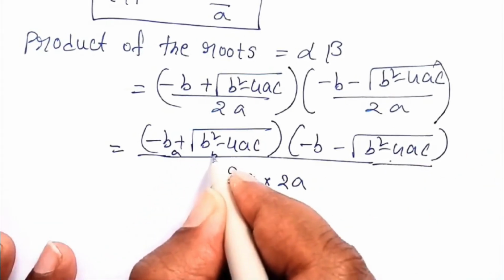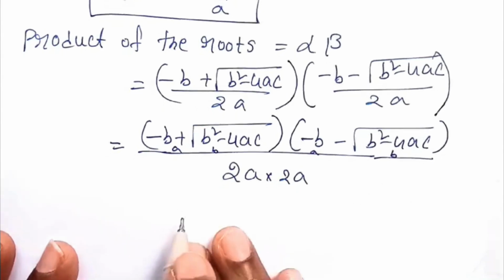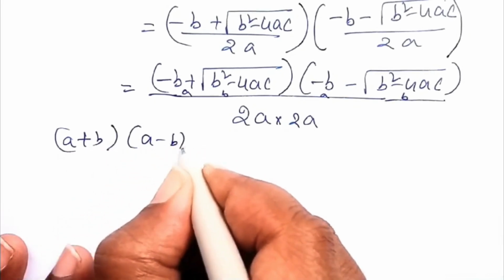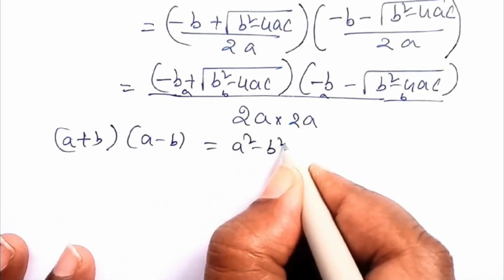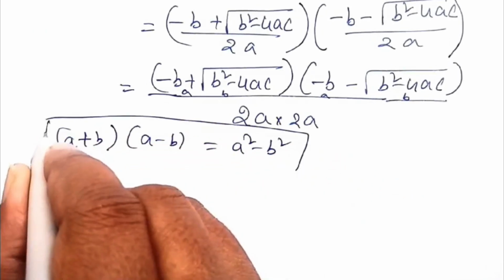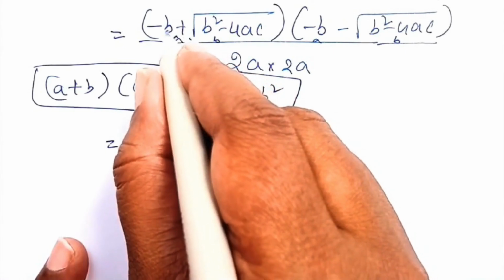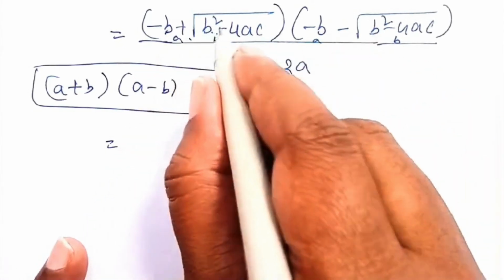Both are in the form a plus b into a minus b, which is equal to a square minus b square. Now I am applying this formula.